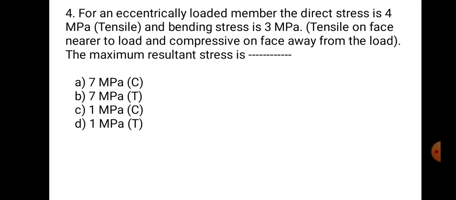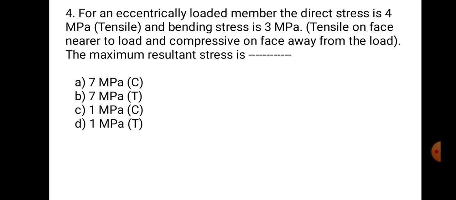Question number 4. For an eccentrically loaded member, the direct stress is 4 MPa tensile and the bending stress is 3 MPa, tensile on a face nearer to the load and compressive on a face away from the load. The maximum resultant stress is A. 7 MPa compressive, B. 7 MPa tensile, C. 1 MPa compressive, and D. 1 MPa tensile.